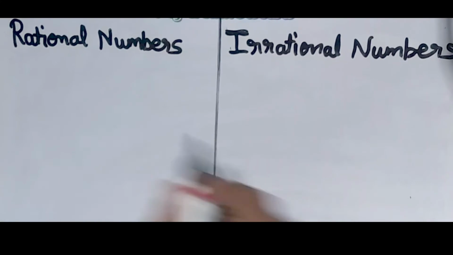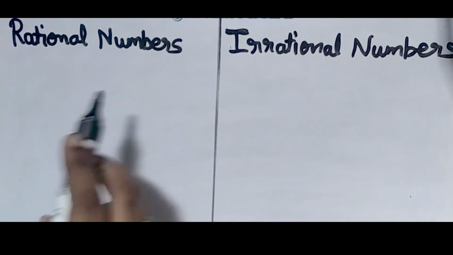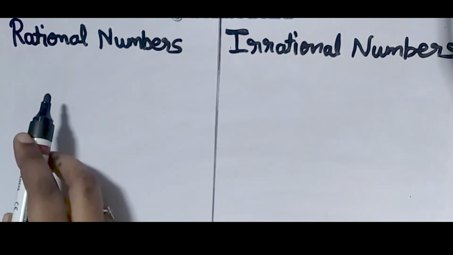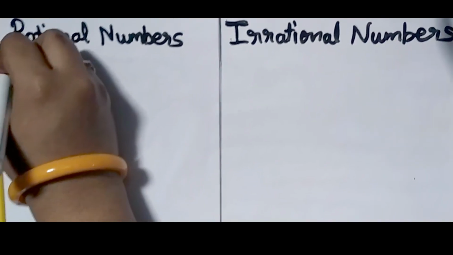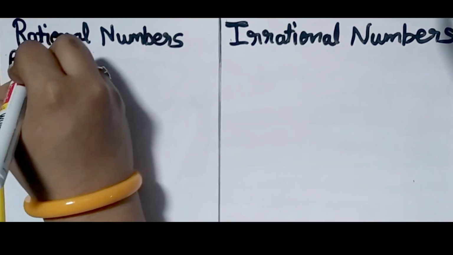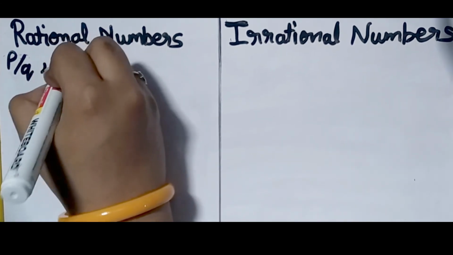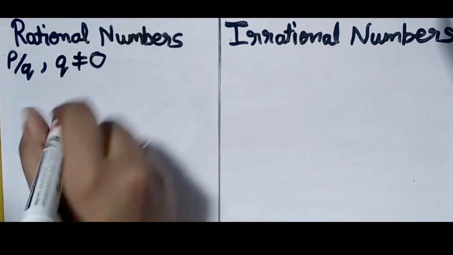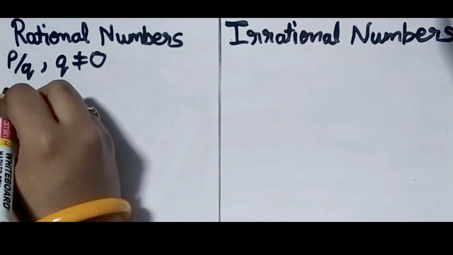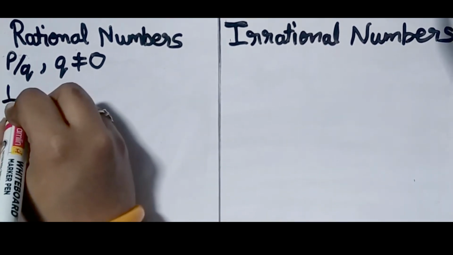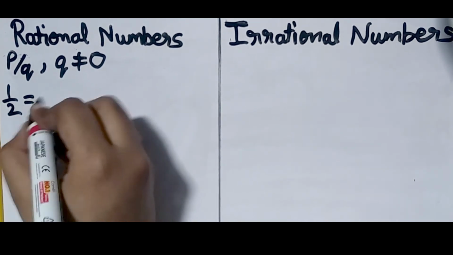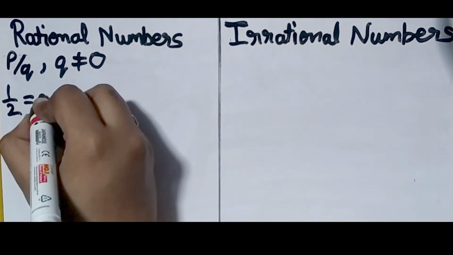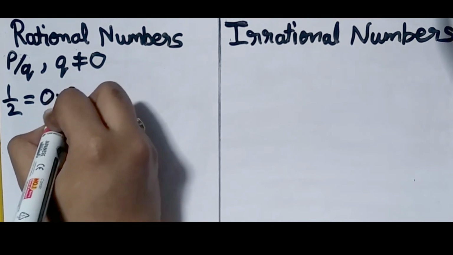Now we will see one more definition of rational numbers and irrational numbers in the form of decimals. Rational numbers means, as we have seen just now, it can be written in p by q form and q is not equal to 0. Now see here 1 upon 2. If we divide this in decimal form, we can write 0.5.